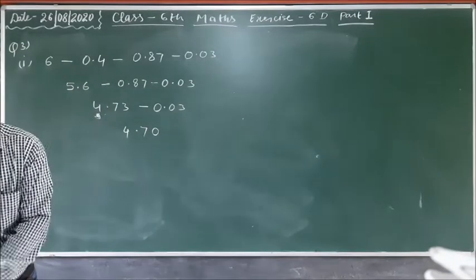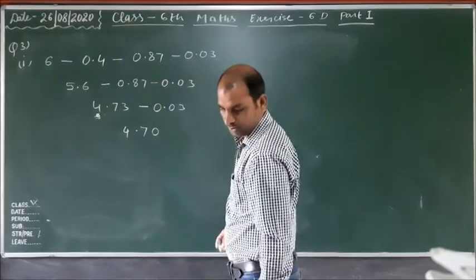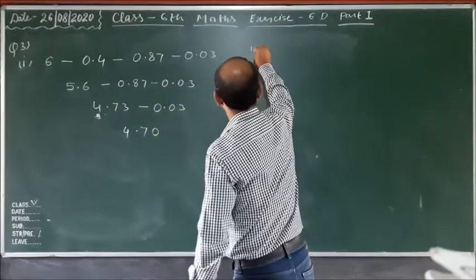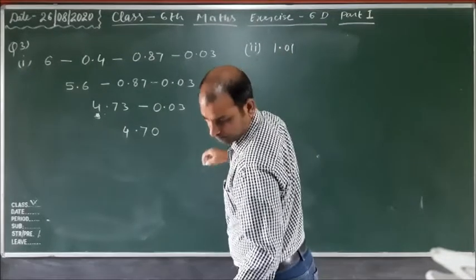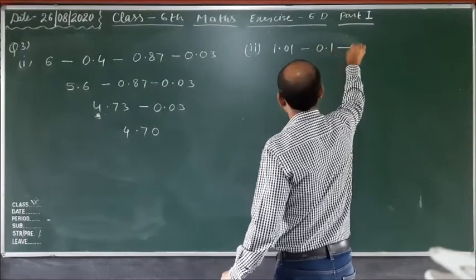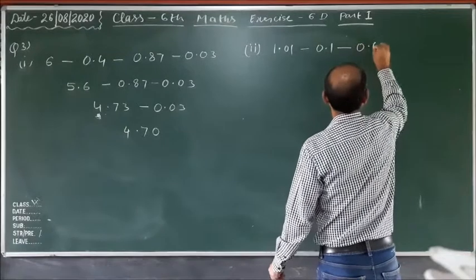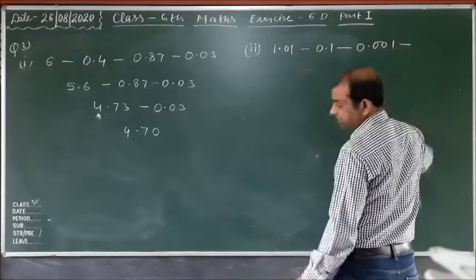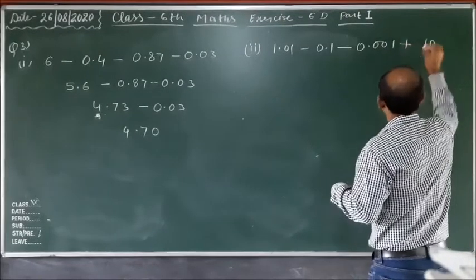Okay. Now the next question, number second, is 1.01 minus 0.1 minus 0.001 plus 10.